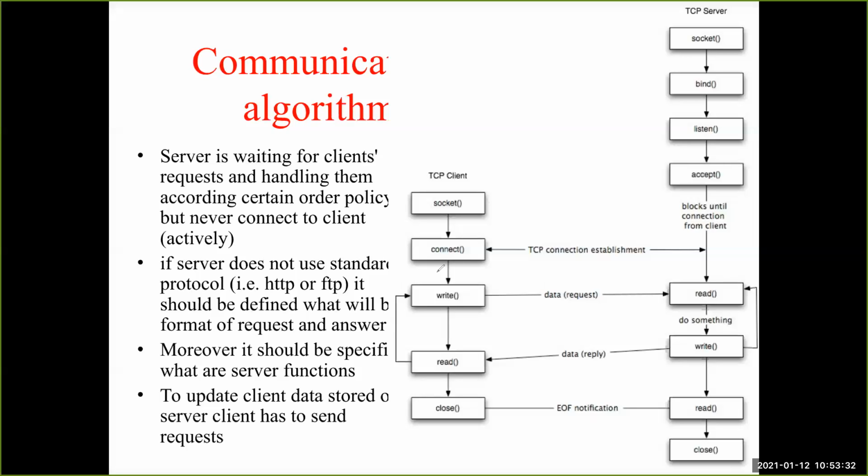But when we connect to the server using, for example, the TCP protocol, this connection is established permanently, so we don't need to close it. In this case, we can write and read data without reconnecting, because we are connected.